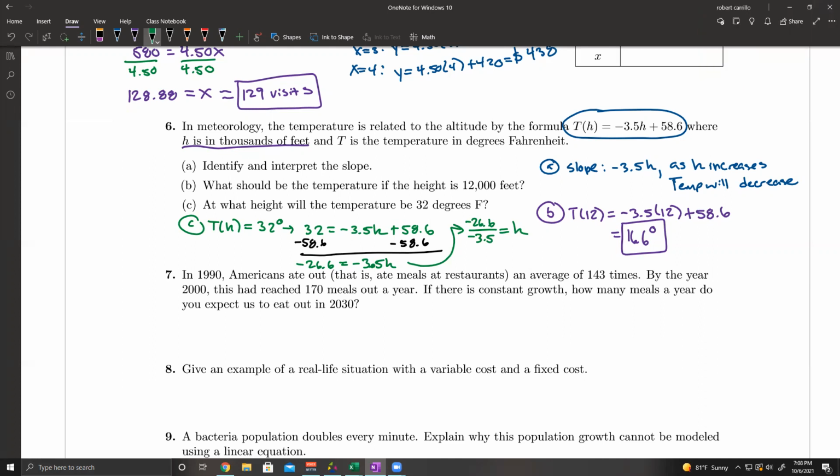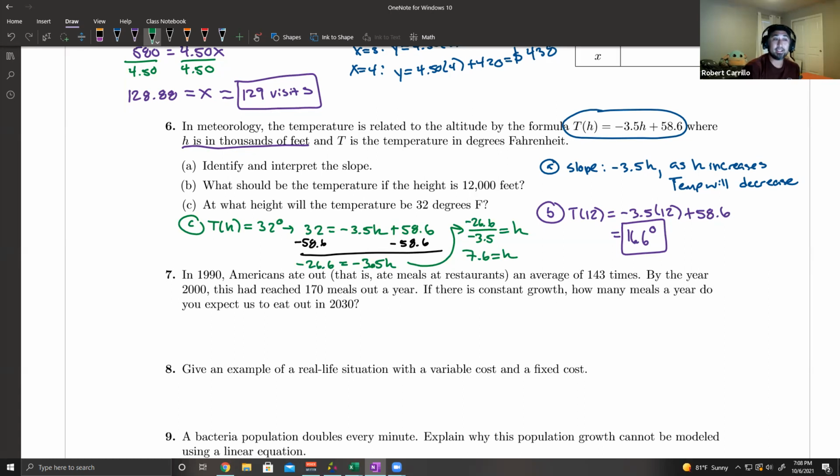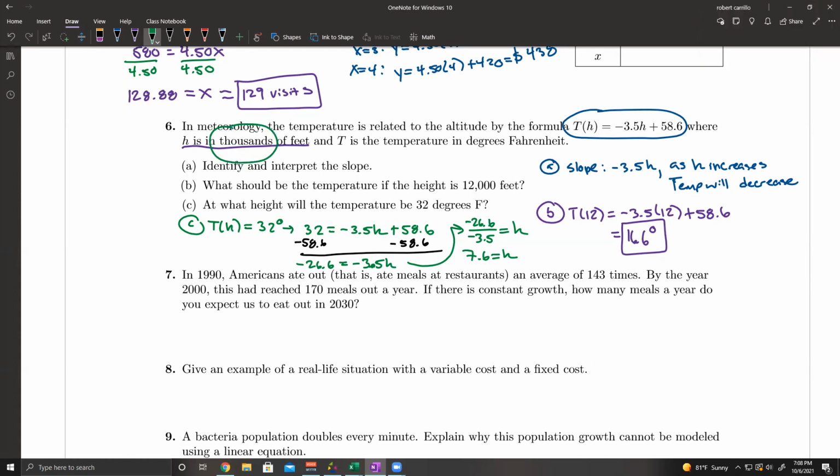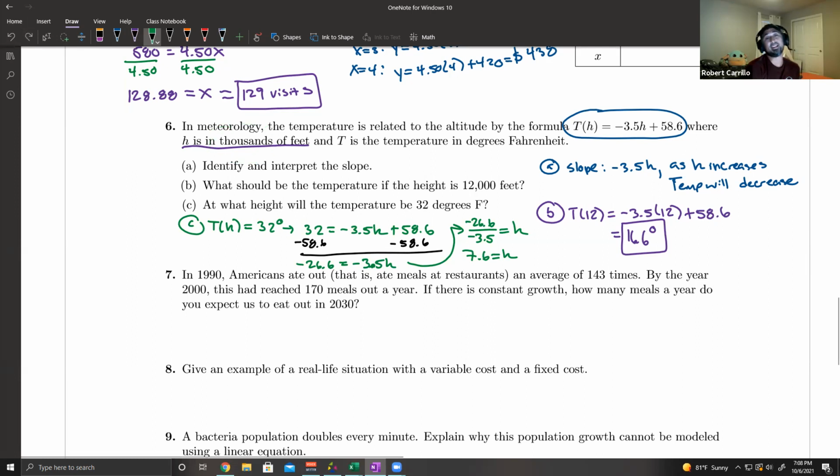7.6. Good. But remember, height is in the what? Thousands of feet. So to get our actual answer, we have to take 7.6 and multiply it by what? 1,000.